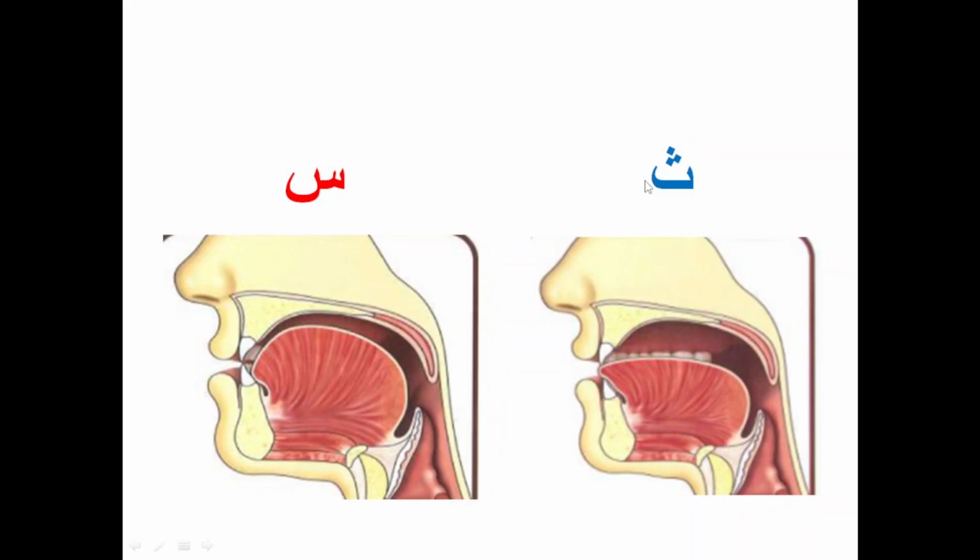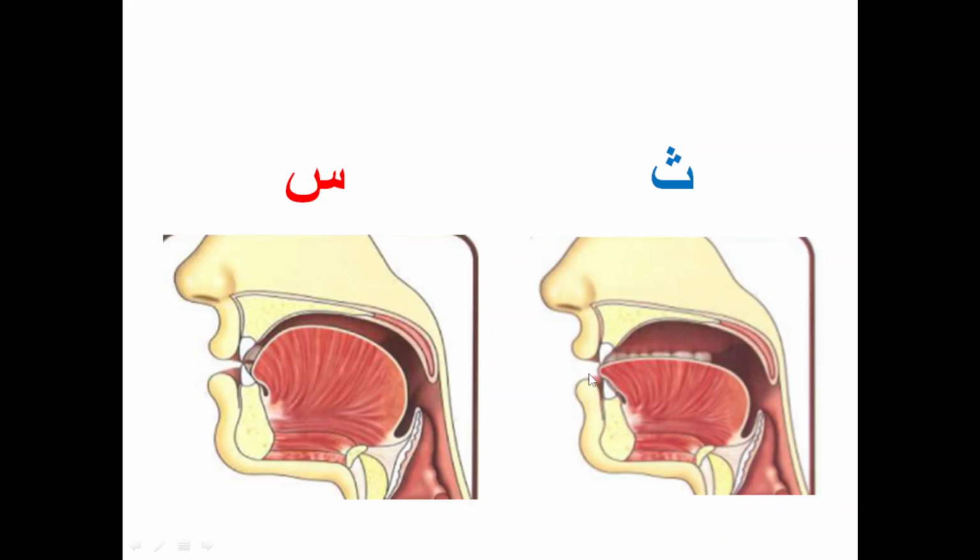If it doesn't touch, it will be sin. So let's practice. Tha, sin. The thing is that both of them are kind of voiceless sounds, and that adds to the problem because they tend to sound similar for some people.